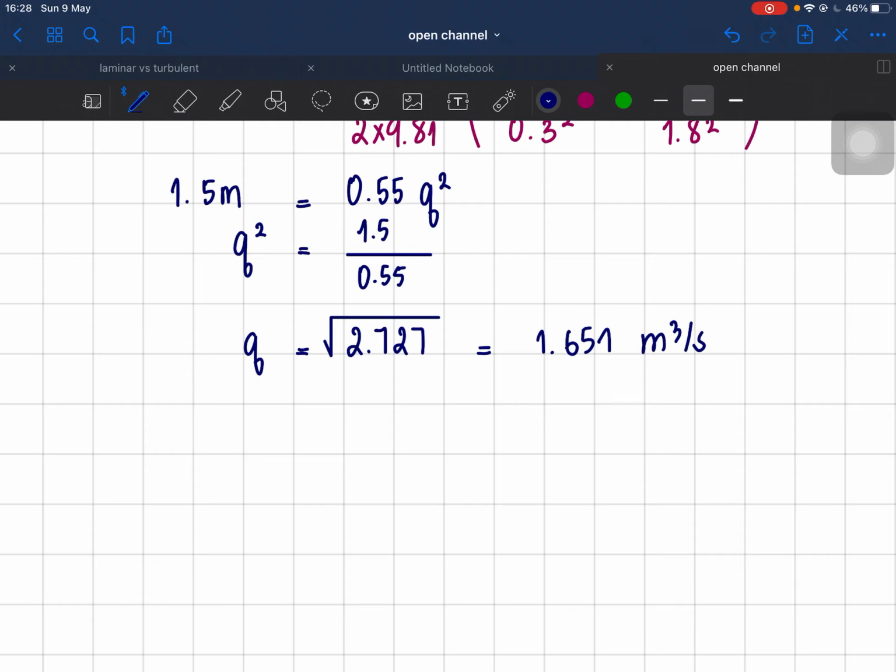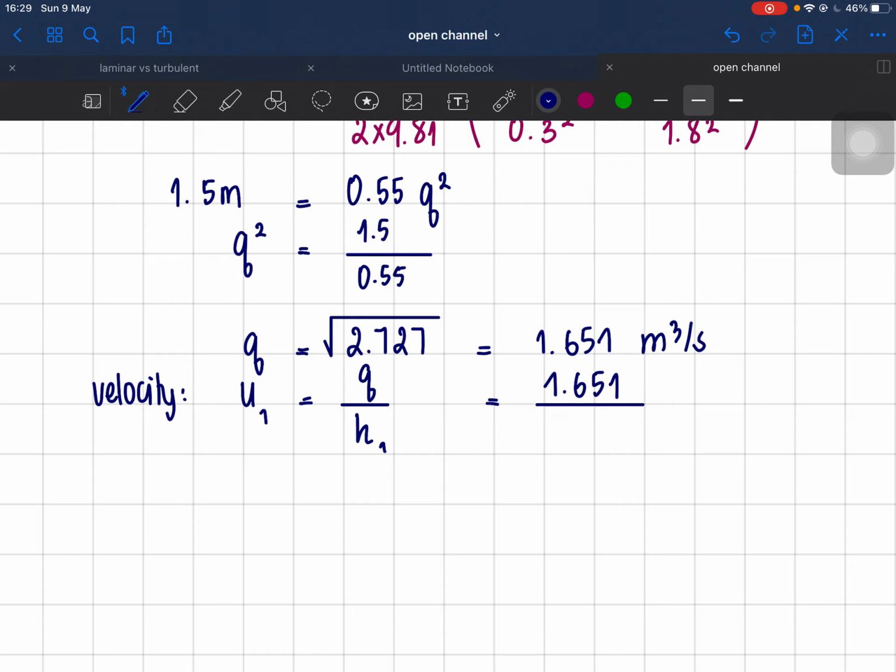So the same thing here, it's the flow per unit width, but we're trying to find the velocity rate. So u equals to q over h, which is equal to 1.651 over h1.